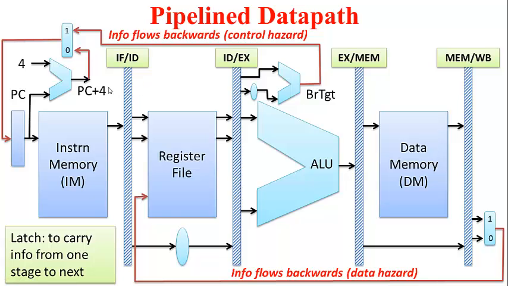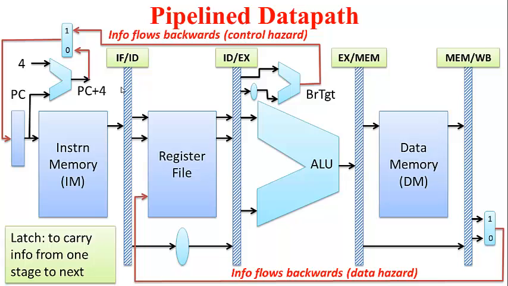So these latches are used for carrying forward information. Whatever information is relevant to a particular instruction execution has to be carried forward in these latches as the instruction moves forward in the pipeline.